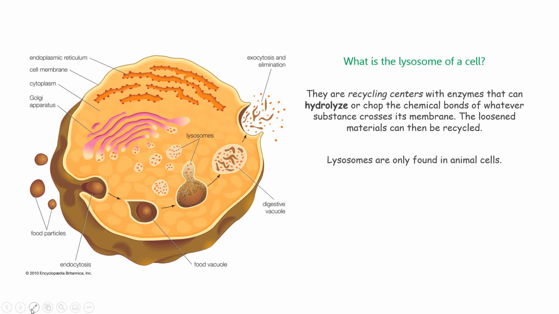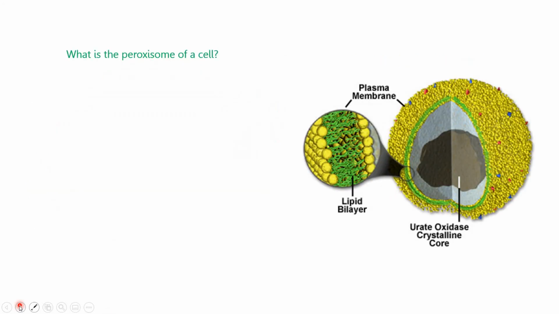Kasi they may not be usable, hindi sila usable ng ganon, yung buo, pero they may be used as their component parts. Lysosomes are only found in animal cells. You will not find them among plant cells.